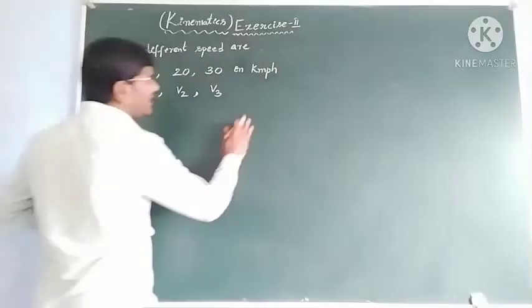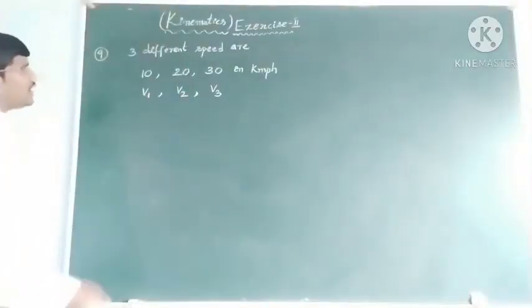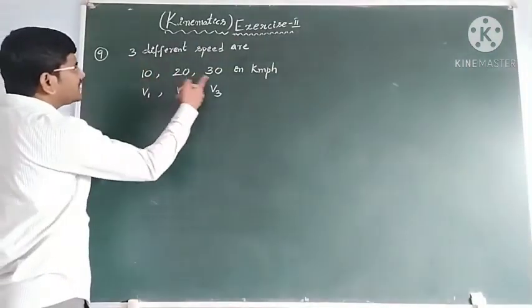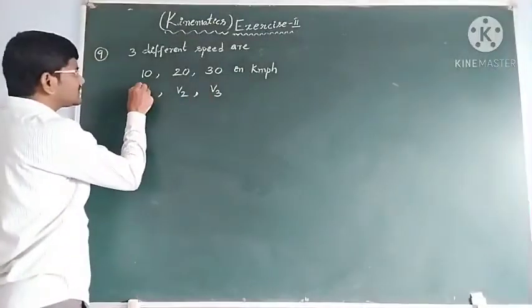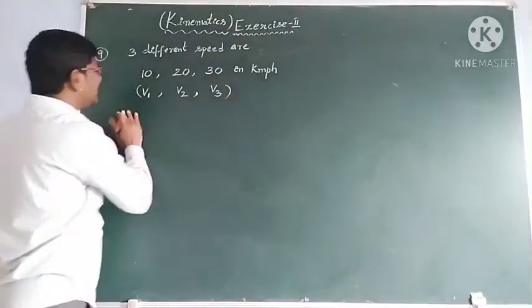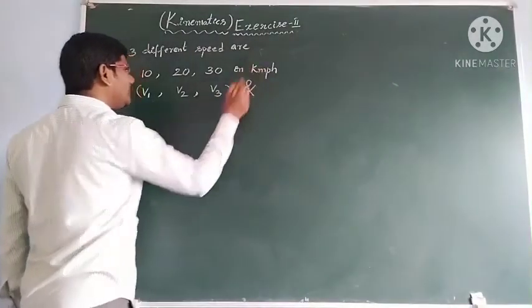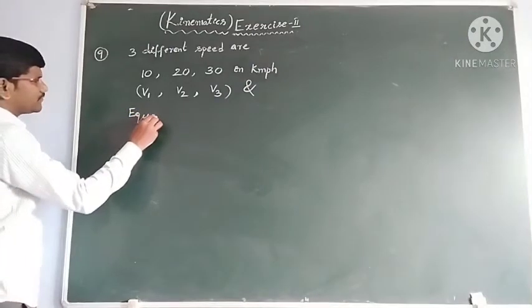So a boy moving with 3 different speeds is covering equal distances. 3 different speeds we know, and he is covering what, students? Equal distances.